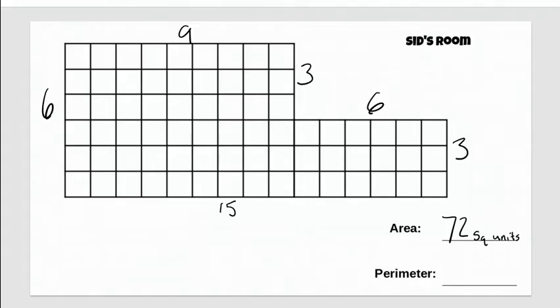So starting with my doubles here, I have 3 and 3. 3 doubled makes 6. And then I have 6 and 6. 6 doubled makes 12.